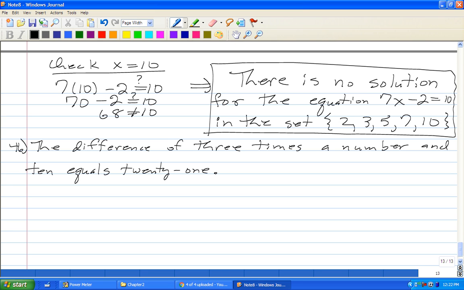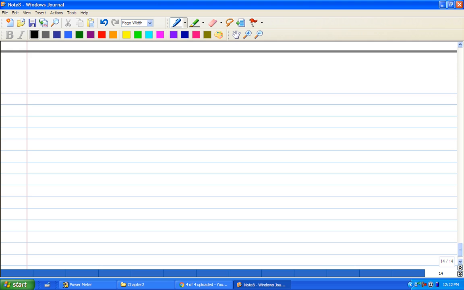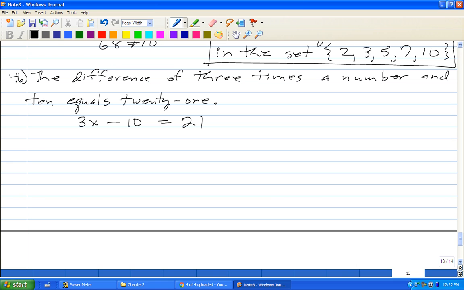Okay, so let's do that. Let's first find the equation. So this is the difference of 3 times the number and 10 equals 21. So let's check if x equals 0 is a solution.